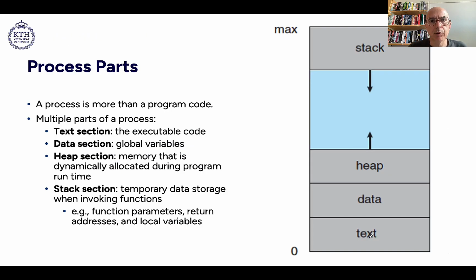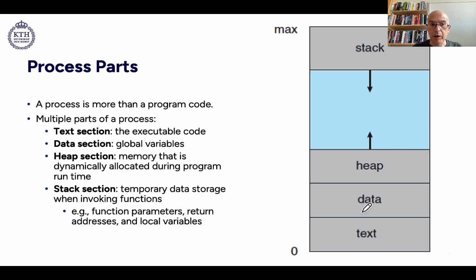So let's look more at what constitutes a process. Well, a process is actually much more than a program code. There are different parts that constitute a process. So here in this plot, you see the different parts that are constituting the process.